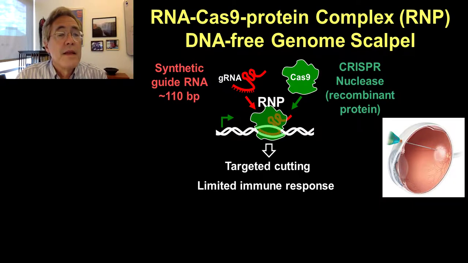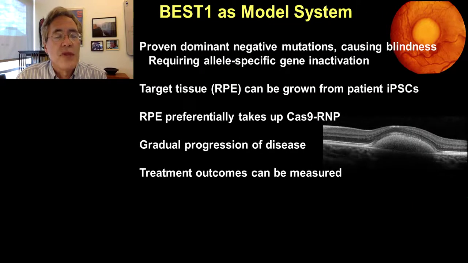Now, the disease that we're focused on the most in the eye is a disease called BEST1. BEST1 is a model system and is a disease which has proven dominant negative mutations causing blindness and allele-specific activation. It's called BEST1 because Dr. Best described it over 100 years ago.